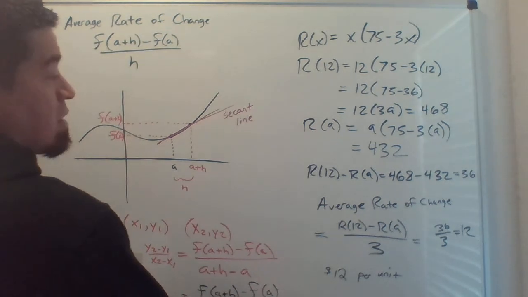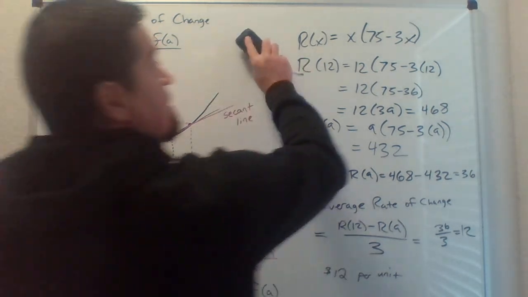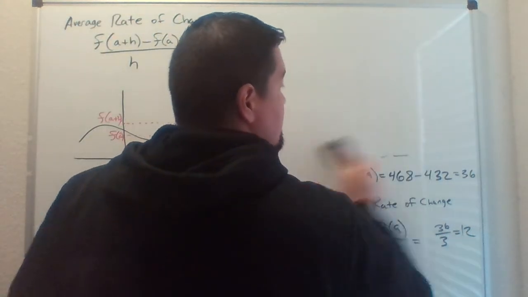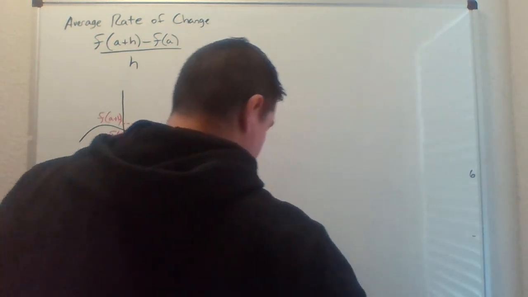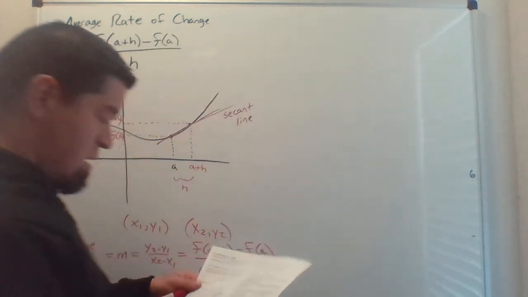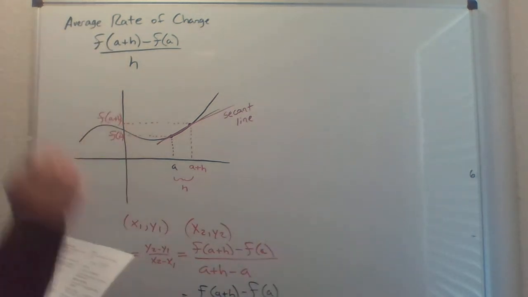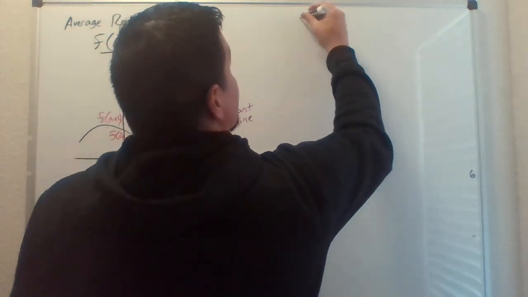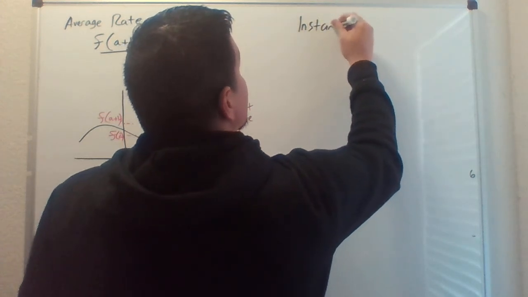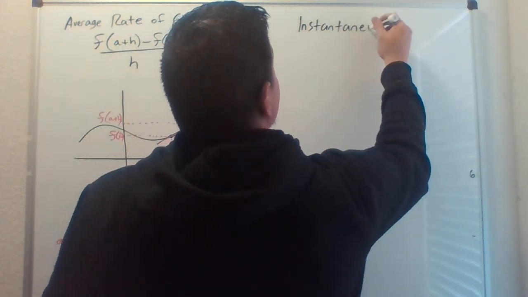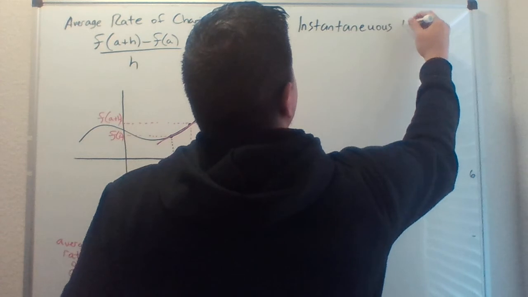So I'm going to erase this part because I want to do a little comparison. Of course, you have it if you need to go back to it. And my comparison is, this is the average rate of change. We're now going to talk about the instantaneous rate of change.